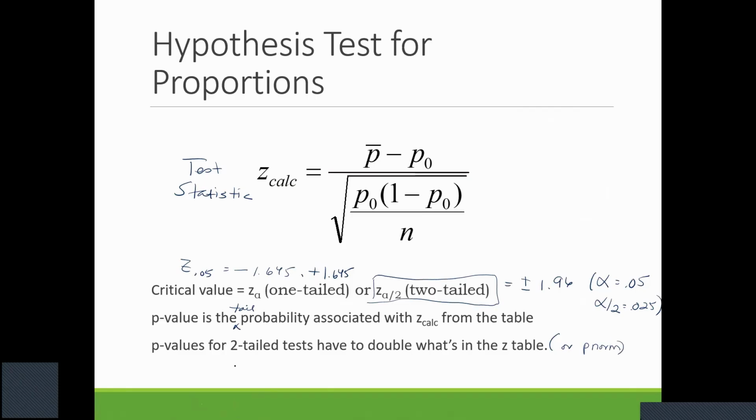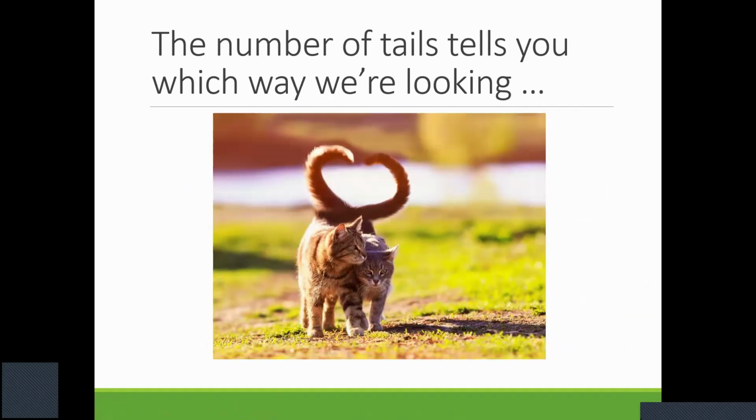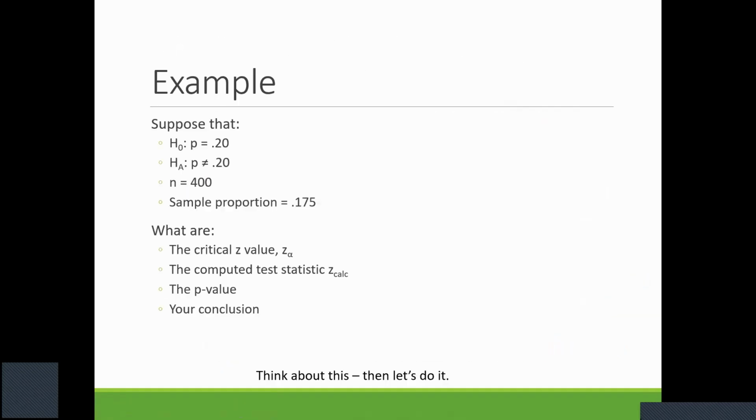If it's a two-tailed test, so rho not equal to rho 0 is the alternate hypothesis, then you have to take your p-value and multiply it by 2. We're going to practice all this, don't worry. The number of tails tells you which way we're looking. And if you get confused about which way you're looking, look at the alternate hypothesis and follow the arrow.